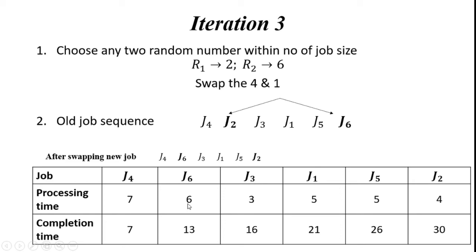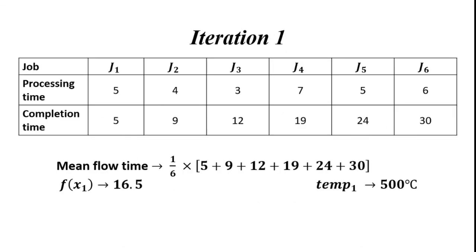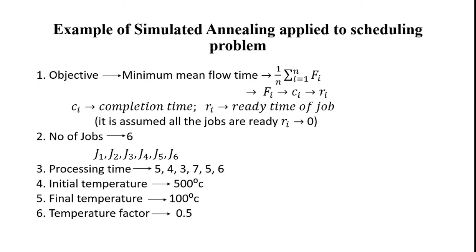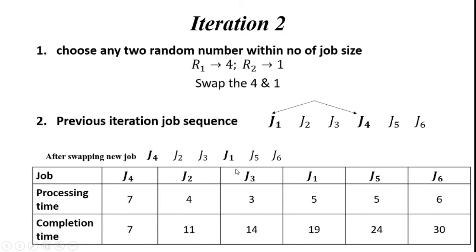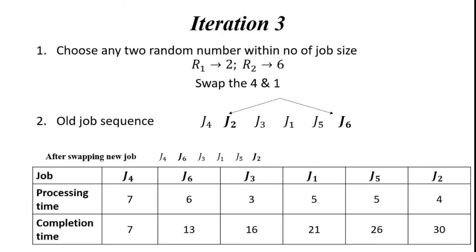And also J6, what I got from the problem, J6 has 6. So I substitute the corresponding value in iteration 3, job 6 is 6, and the remaining ones are the same as the previous iteration, J3, J1, J5.